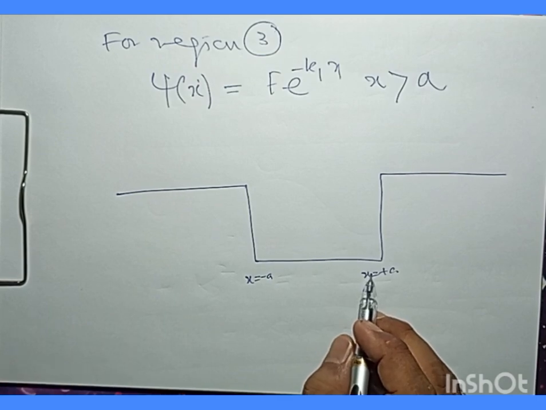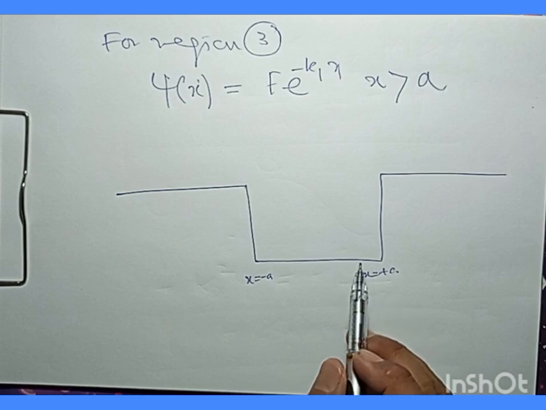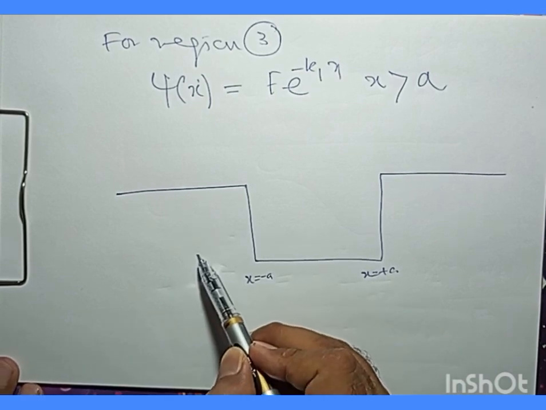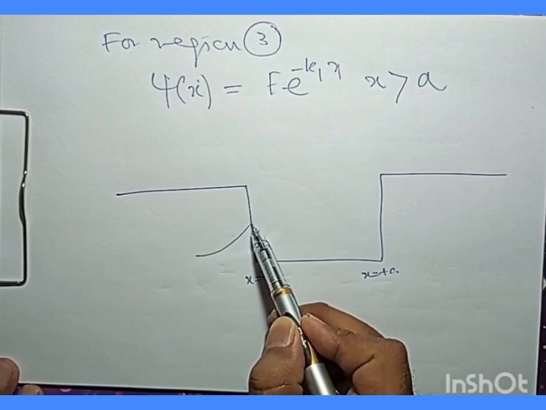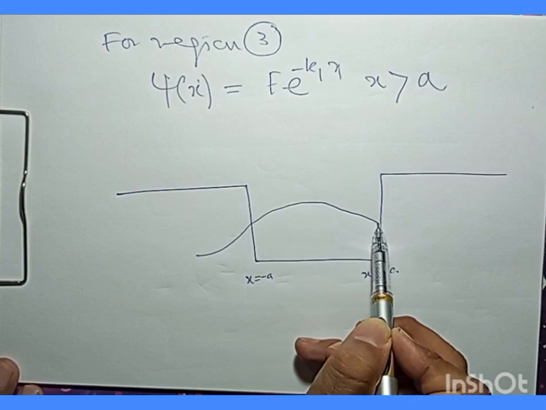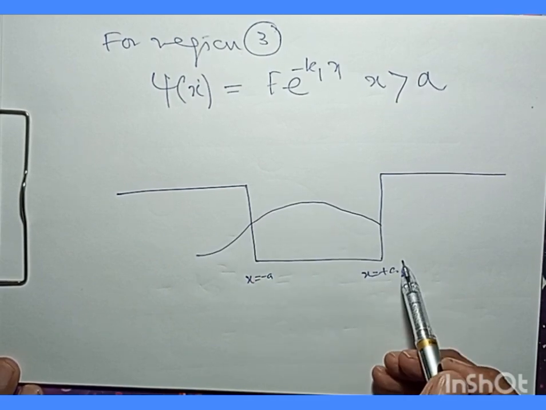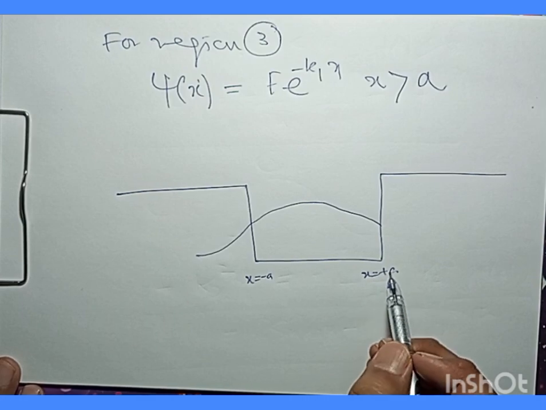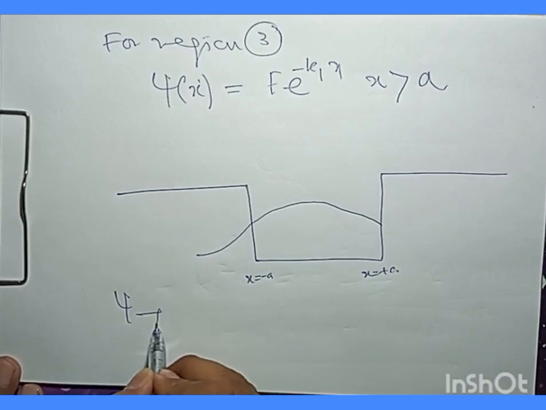What is important here is that this wave function has to be continuous at the boundary, at both ends of this potential well, and so psi has to be continuous.